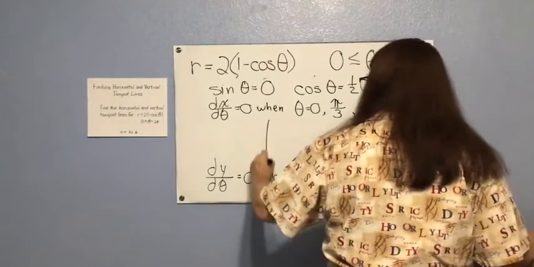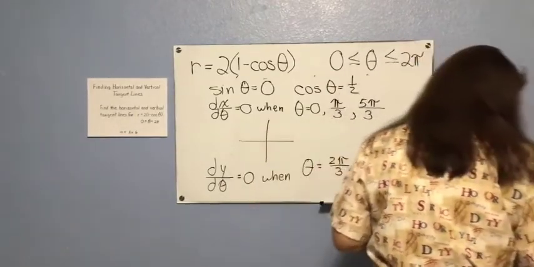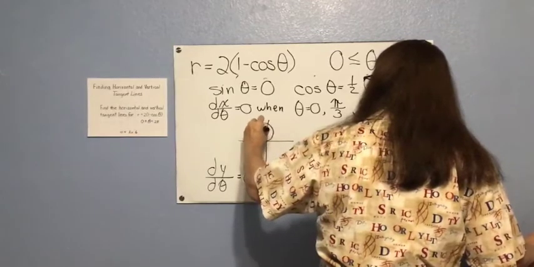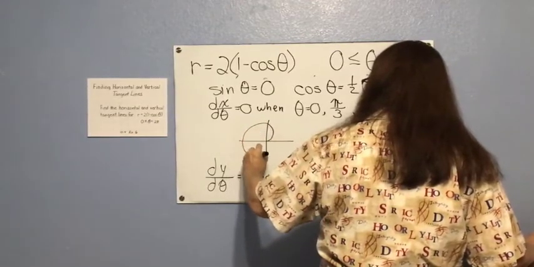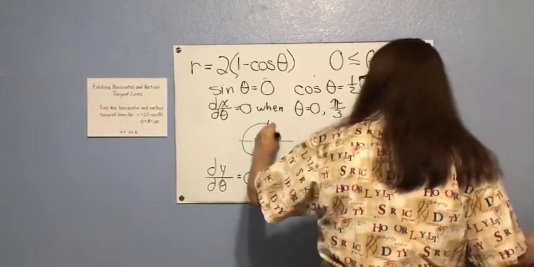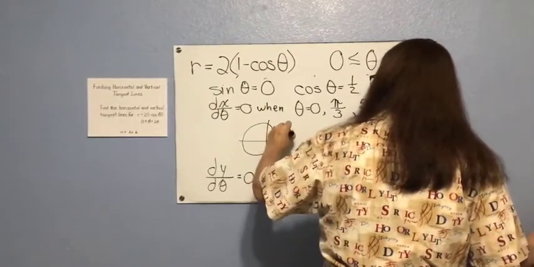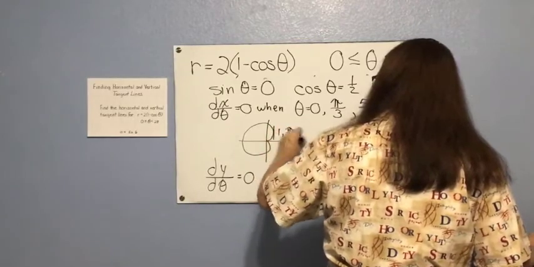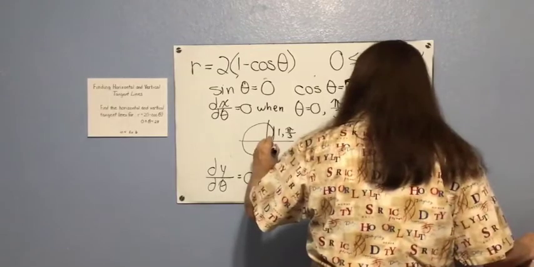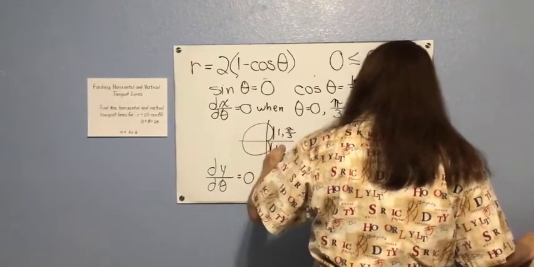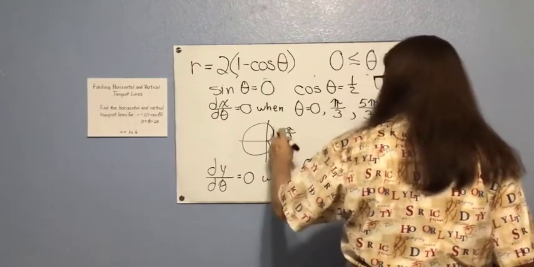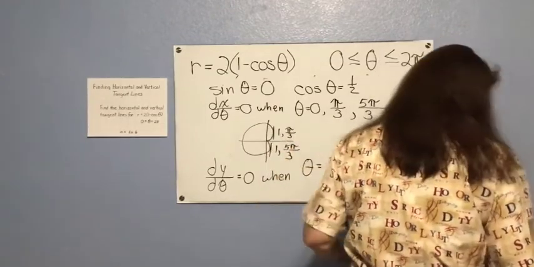And if we draw this shape, it's what we call a cardioid. Looks a little bit like a heart, but it's not pointed at the bottom. So at this point, 1, pi over 3, we've got a vertical tangent. And at 1, 5 pi over 3, we have another one. Those actually are the same line.